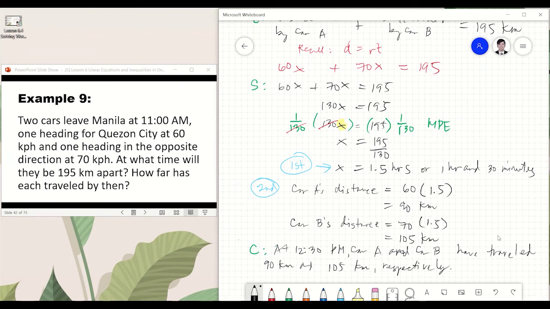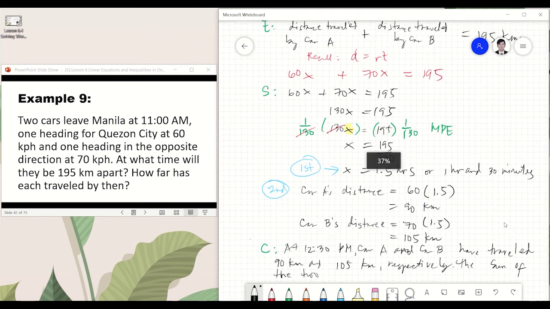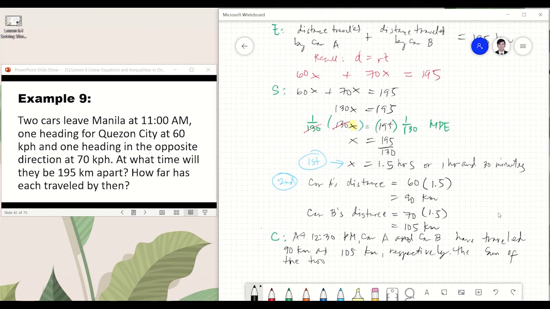Kung i-check natin yung sum of the two distances, yung sum ng ating dalawang distances is 195 kilometers. So, tama na yung sagot natin. And this would also serve as our final answer in complete sentence.